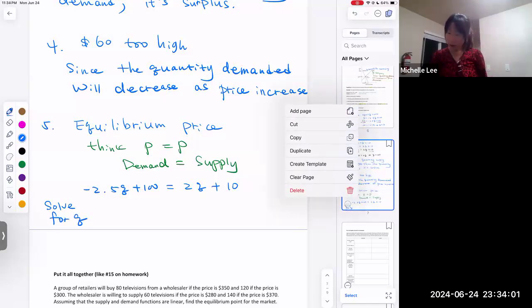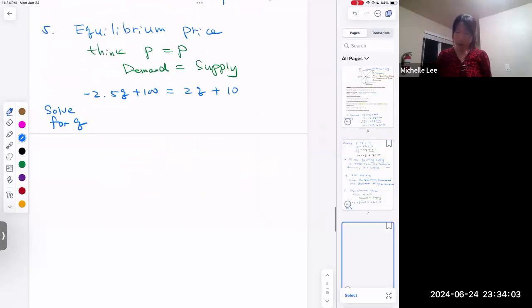All right, so solve for Q. So we have, let me see, subtract 2Q both sides and minus 100.